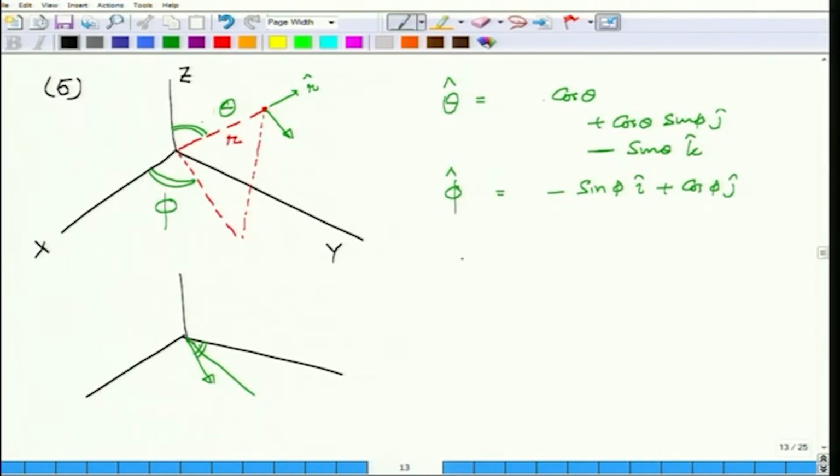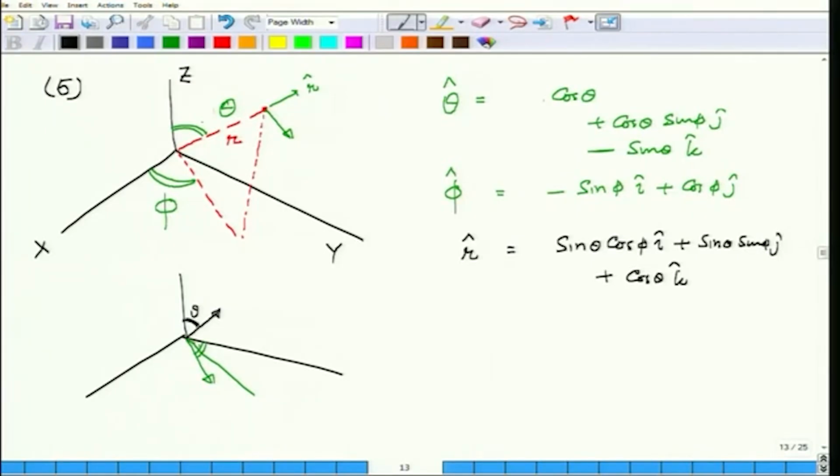And the radial vector, that is this vector, has a component cosine theta in the z direction and sine theta in the xy plane. So sine theta cosine phi I plus sine theta sine phi j plus cosine theta k.